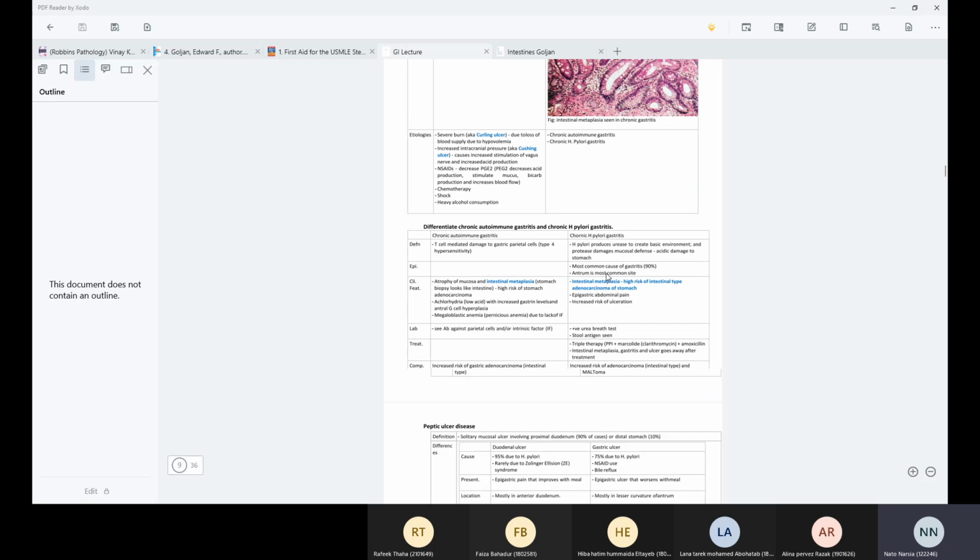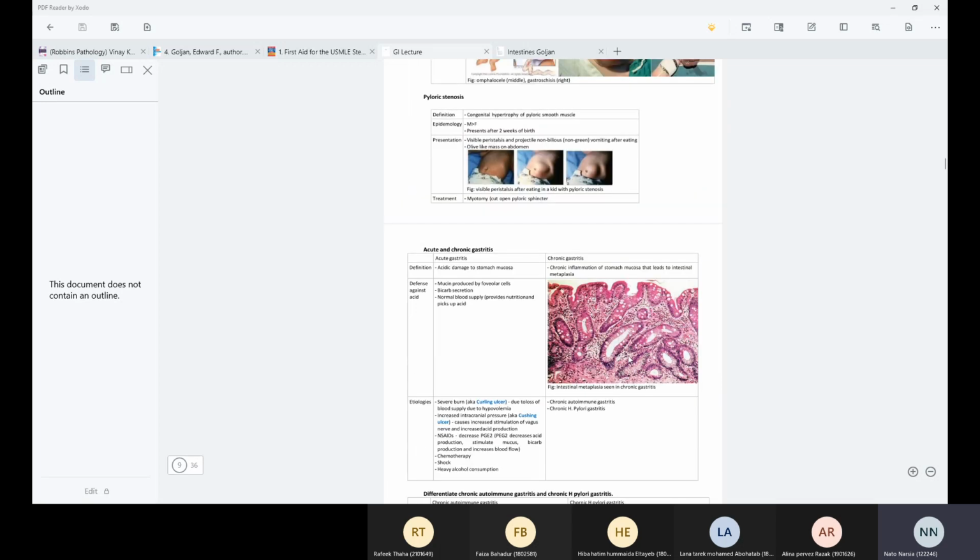And to protect this mucosa, this is an adaptation reaction, right? You know from general pathology that metaplasia is an adaptation reaction and there's replacement. What type of metaplasia you find? Intestine-like cells will be found in the stomach, okay? In stomach, you are not supposed to find these goblet cells.